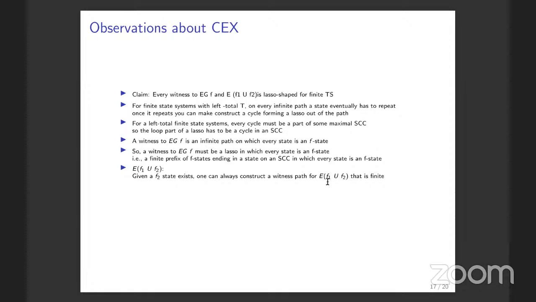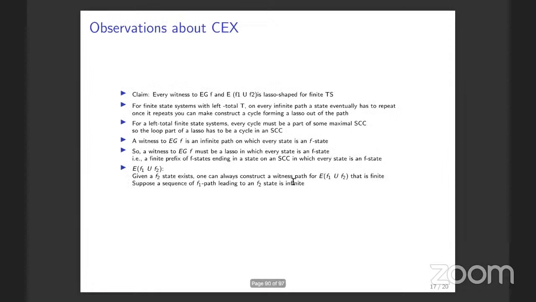Because you have to look for a sequence of F1 states that ends up in an F2 state. I'm assuming that there exists an F2 state. If there does not exist an F2 state, there's no question of producing a witness.